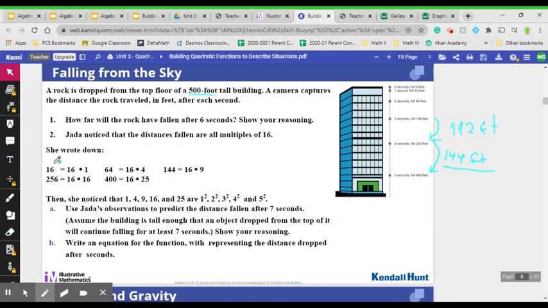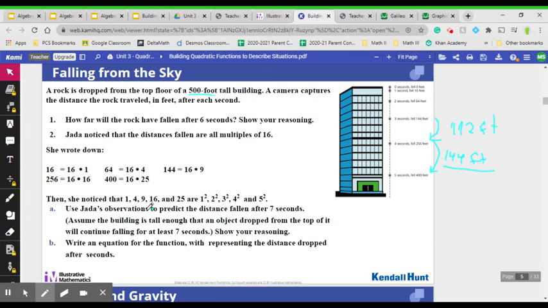Now, if I look at some of the data we had from before, each of these first 5 data points, which we can see next to our building, are multiples of 16. We do 16 times 1, 16 times 4, 16 times 9, etc. Then this person, Jada, noticed that 1, 4, 9, and 16 are the same thing as 1 squared through 5 squared.